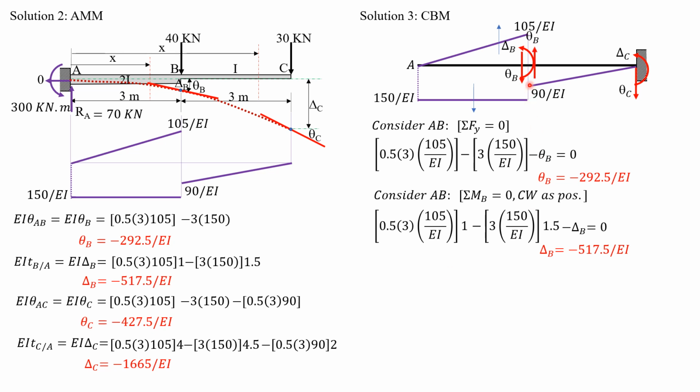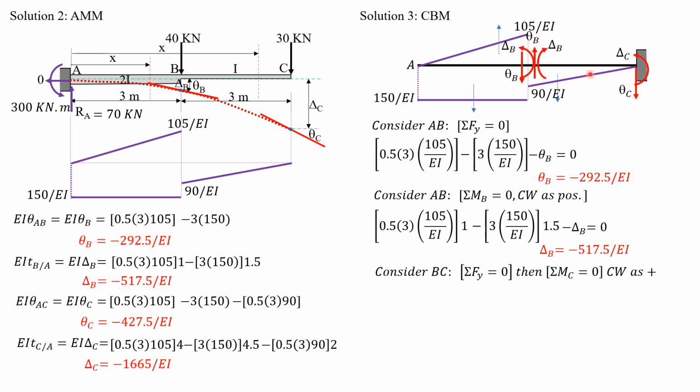Then this time considering BC, so we transmit by the action-reaction principle. So theta B is now upward here because this is the left segment if we consider BC, and delta B would now be positive clockwise. So take note, we consider theta B upward, delta B clockwise.